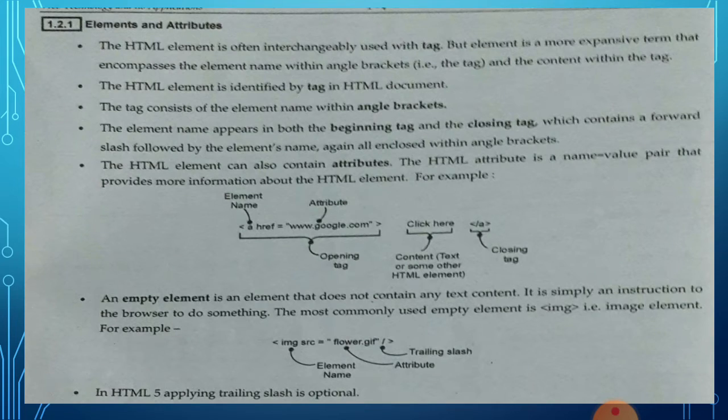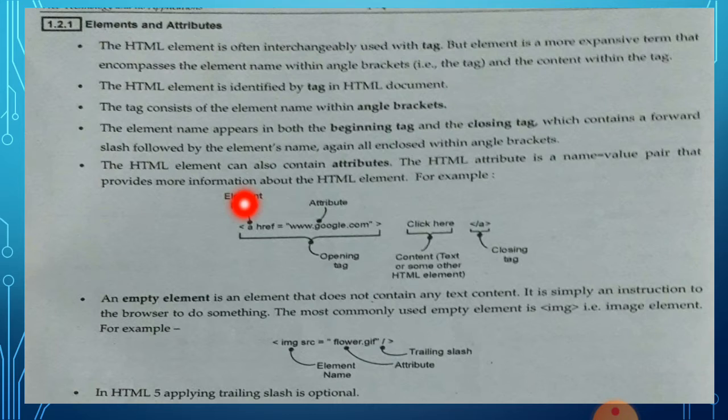Okay, the element name appears in both the beginning tag and the closing tag, which contains a forward slash followed by the element's name. That is, the closing tag should contain a forward slash followed by that element name, again all enclosed within angle braces.